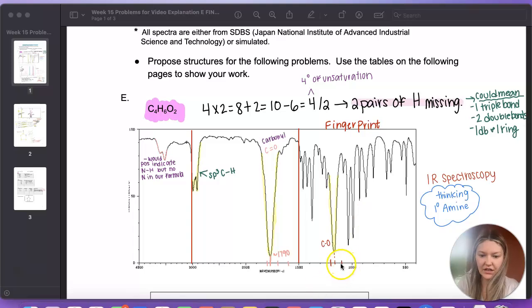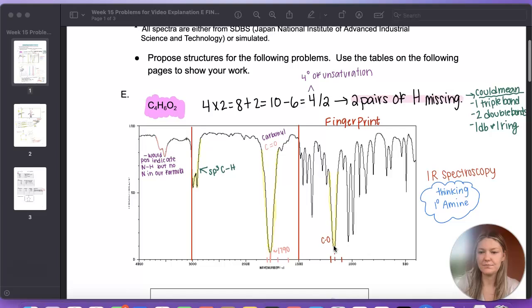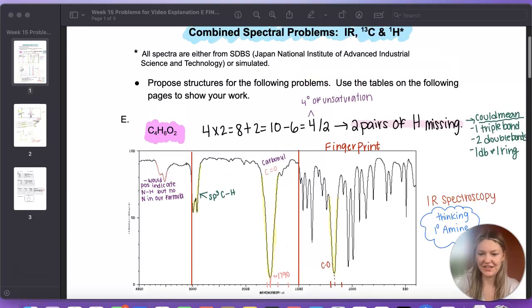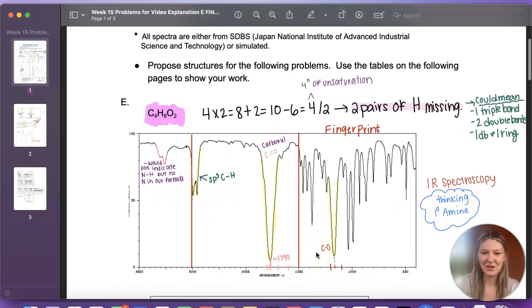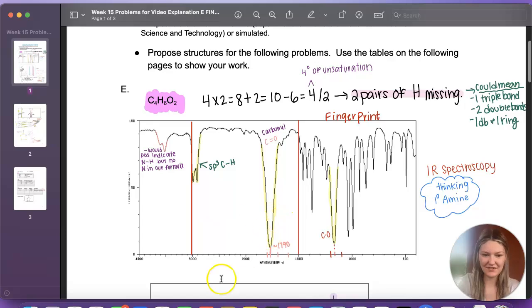So right here, at about 1150, there's this peak that tells me there's a carbon and oxygen bond. I mean, this was the first time I went through, so ignore that right there. But from this, I'm definitely thinking that I'm having a carbonyl of some sort, a carbon and oxygen bond, and then right here, this sp3 carbon hydrogen.